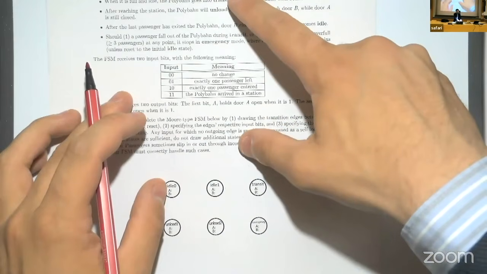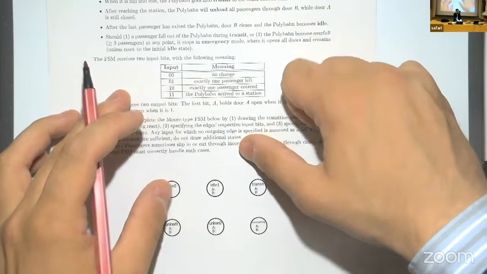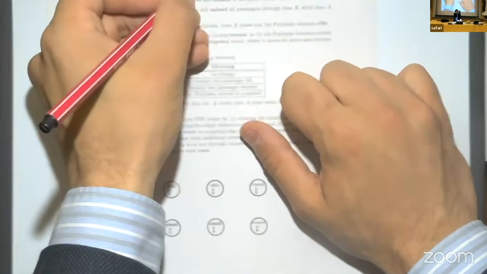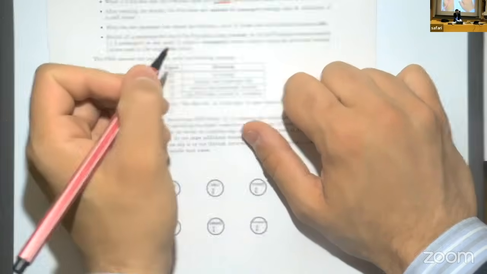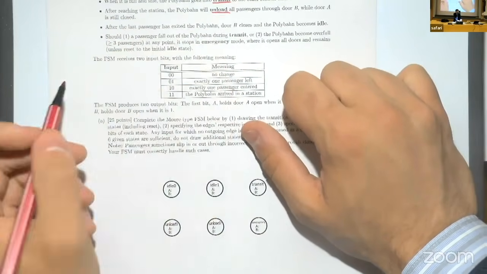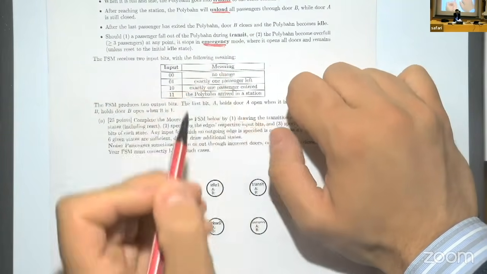So what you should look for is anything that could be a state, right? So here, we organized and highlighted them in bold for you. So there should be idle states, and then unload and emergency and transit states as well.